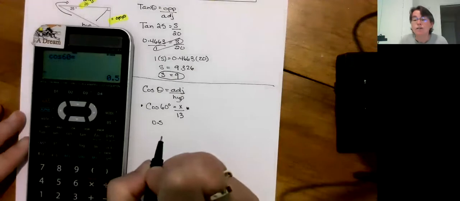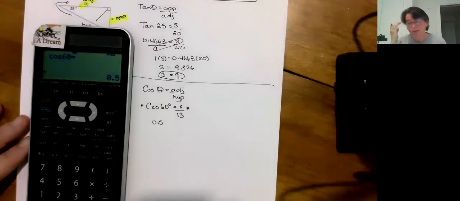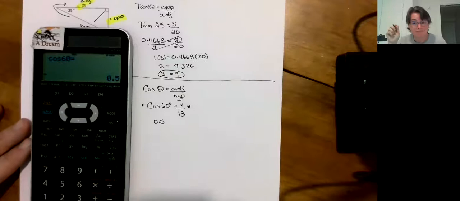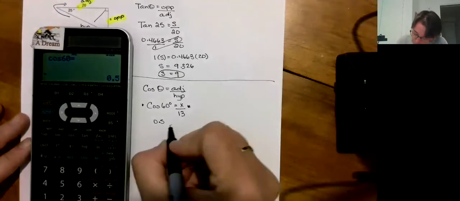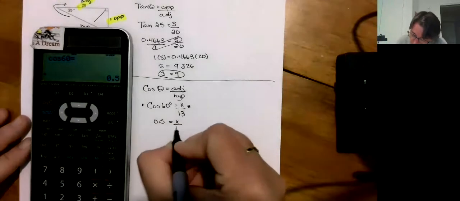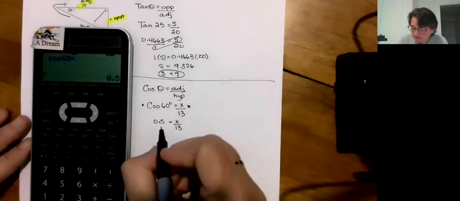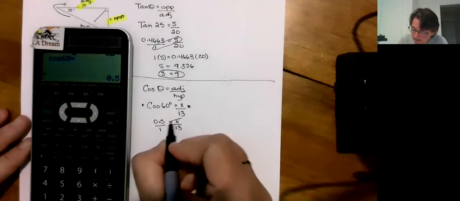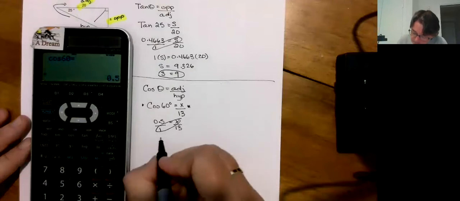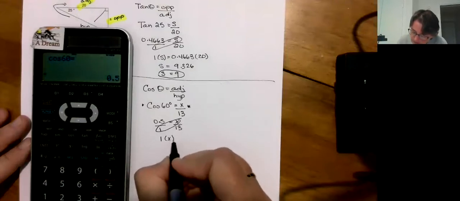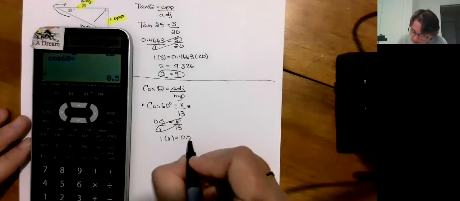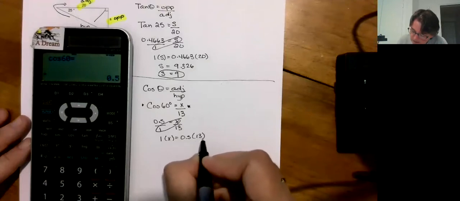There are very few of the trig functions that work out without all those decimals. Cos 60 is 0.5, sine 30 is 0.5, and honestly, those are the only ones I can remember. X over 13, we're going to cross multiply. So 1 times x is 0.5 times 13.